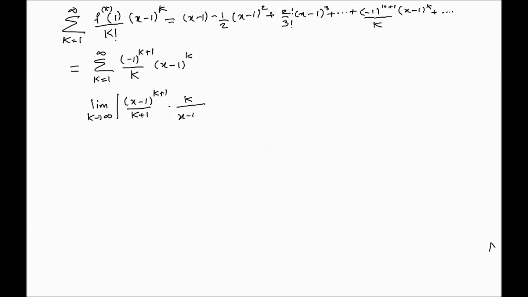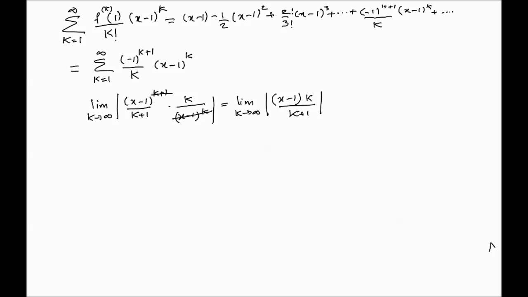So that's going to be this and that. This cancels with the k plus 1 power. This gives us the limit as k goes to infinity of x minus 1 times k over k plus 1.